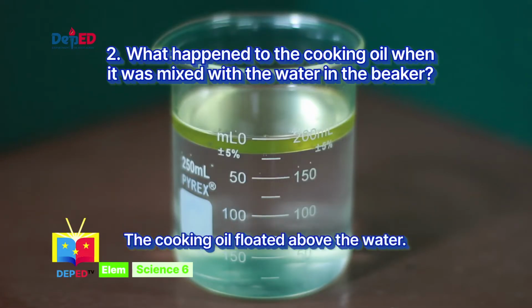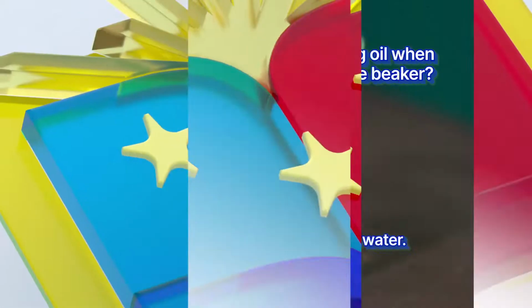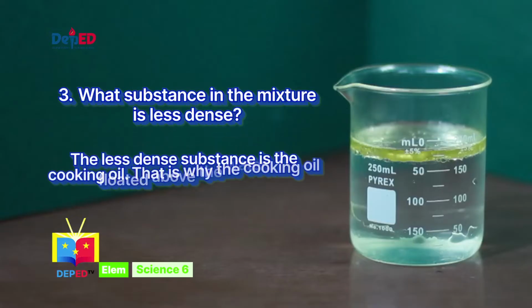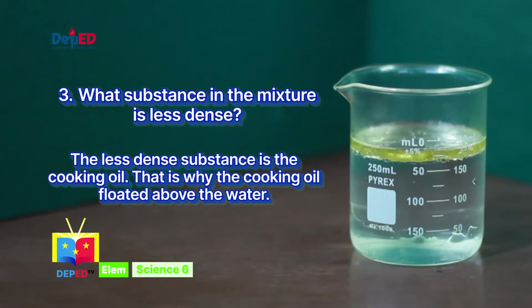Very good! The cooking oil floated above the water. What substance in the mixture is less dense? That's right! The less dense substance is the cooking oil. That is why the cooking oil floated above the water.